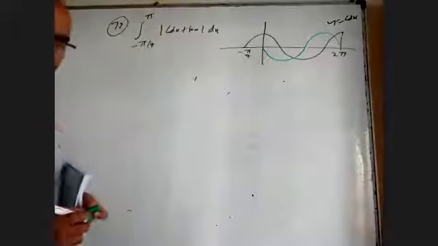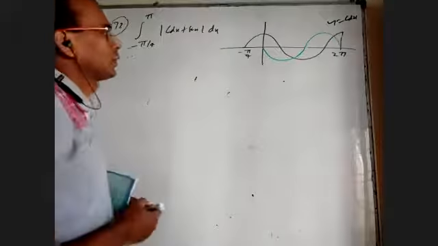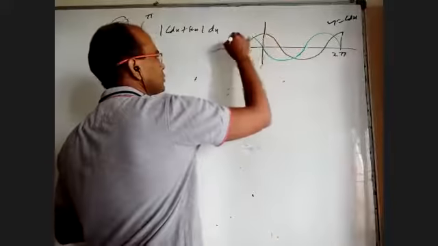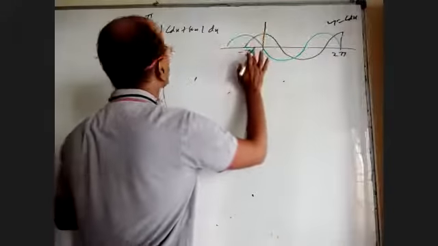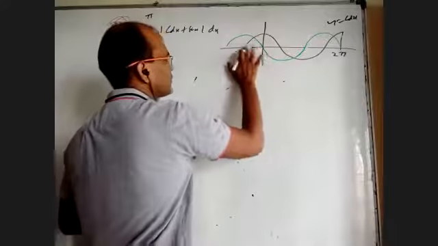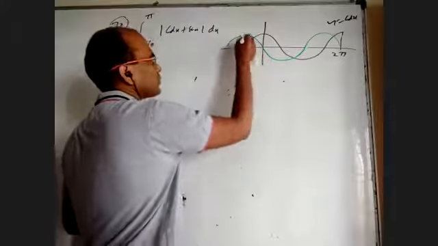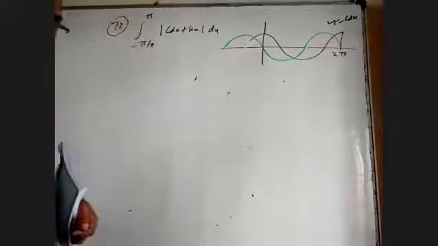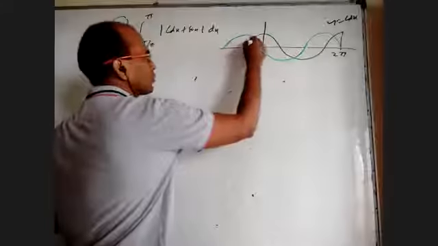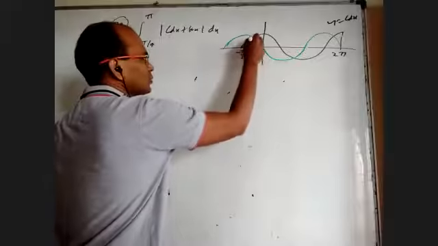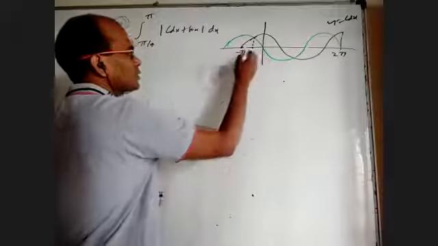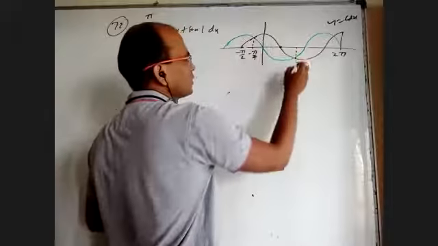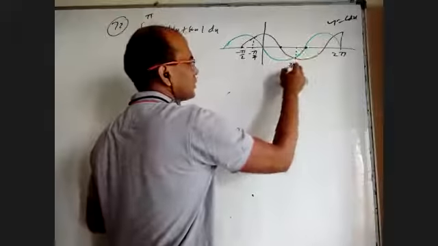Okay, this is the graph of minus sin x. This is minus pi by 2, and where they are intersecting is minus pi by 4. And this is pi by 2, this is pi, so this should be 3 pi by 4.